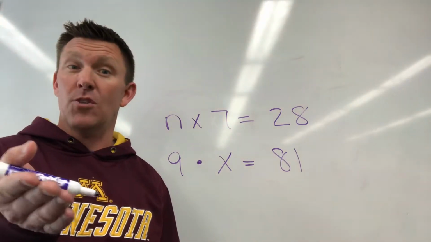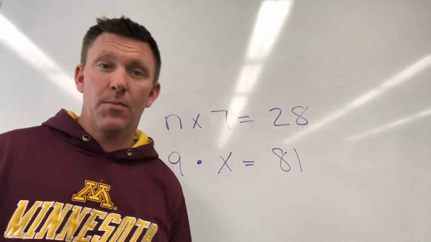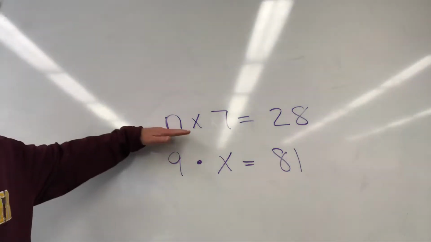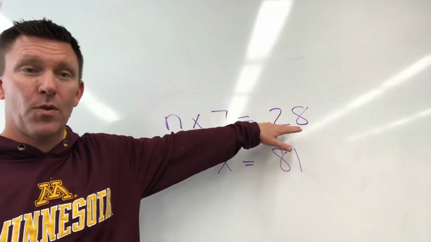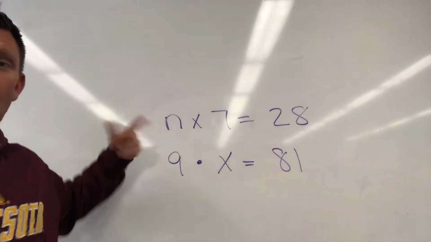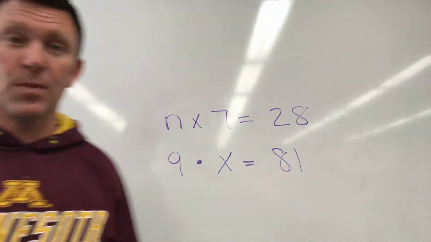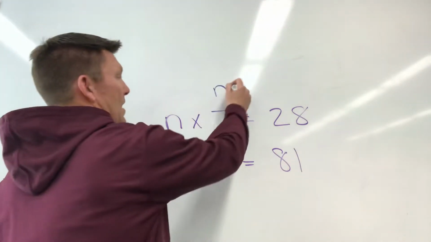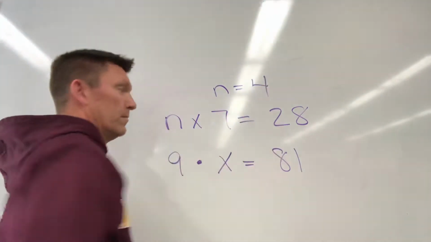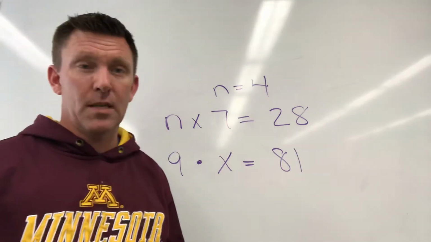That number can change depending upon what the rest of the number sentence says. Since we're taking n times 7 and it has to equal 28, there's only one thing that can be. I hope you're all saying, well, I know that 4 times 7 gives me 28, because that's a basic fact. So n in this case would equal 4, because indeed 4 times 7 does equal 28.